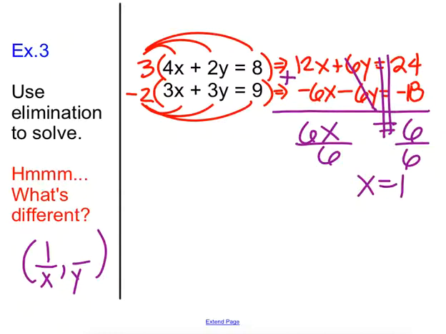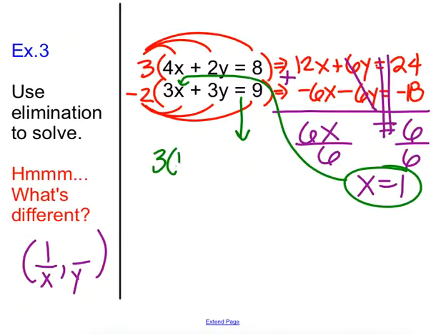To find my y, once again, I can pick any equation. You really could go with any of your originals, or if you want to choose an altered one. I'm just going to go with my original equation. I might pull the bottom equation this time just for fun, and then substitute x in so I can solve for y. So I've got 3 times 1 plus 3y equals 9. 3 times 1 is 3.